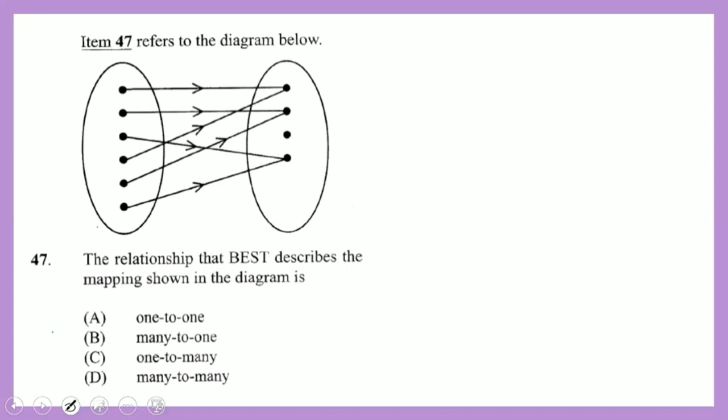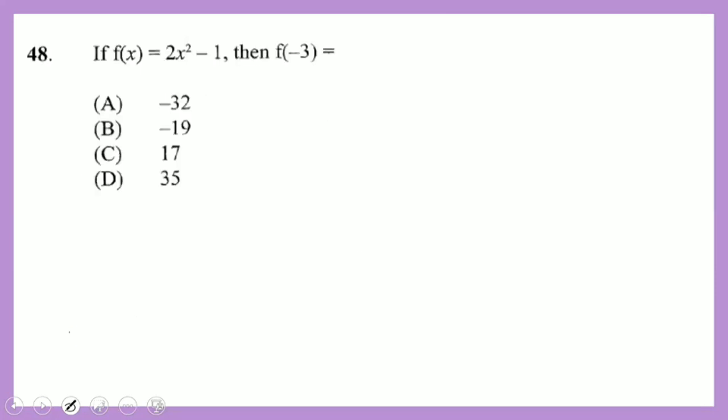As we can see, there are two elements from here being mapped onto one element in the range, and the same thing is happening here. So this is clearly not one-to-one, not one-to-many, not many-to-many, but many elements going to one.